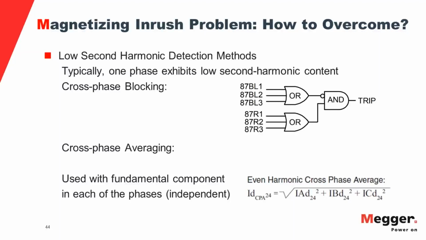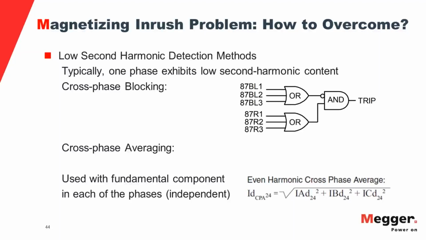The other idea to address these kinds of issues is something called cross-phase averaging. In cross-phase averaging, what some of the relay designers do is average the second harmonic component for all the three phases and then compare it against the fundamental.